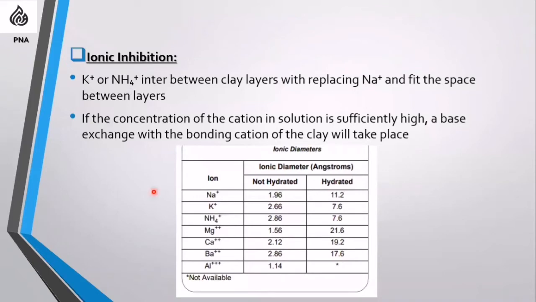Ionic inhibition: here we will talk in detail. Potassium or ammonium cations enter between the clay layers. We know the clay has layers, and in between the layers we have sodium atoms. This is montmorillonite clay. We have silica and alumina layers, and in between the layers we have sodium.